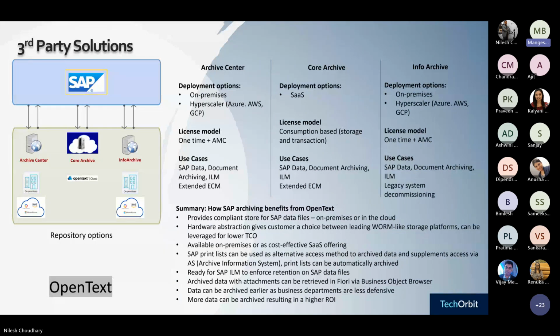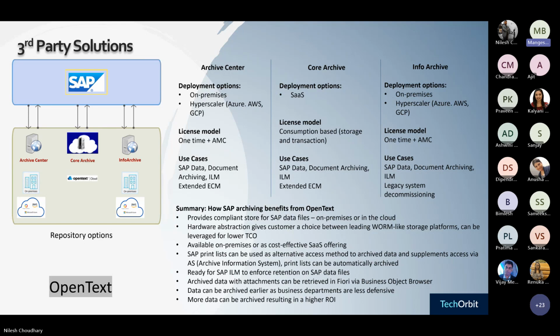With Core Archive, being a SaaS-based model, you can relate that you are going to realize advantages in terms of CapEx and OpEx, with cost savings you can look forward to directly. And being a completely cloud-based option, the license is going to be a subscription-based model. You can very well extend it for your SAP data and document archiving needs.